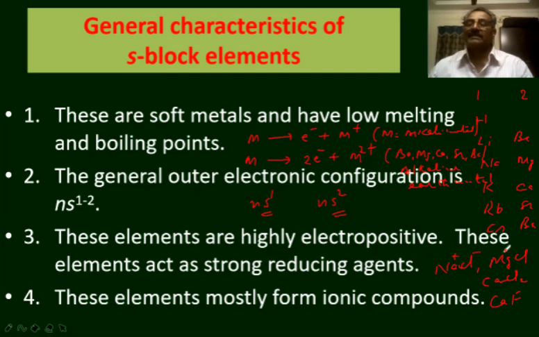Na+ and Cl- ions are present in sodium chloride. Mg2+ and Cl- ions are present in magnesium chloride. Ca2+ and Cl- ions are present in calcium chloride. Ca2+ and F- ions are present in calcium fluoride, CaF2.